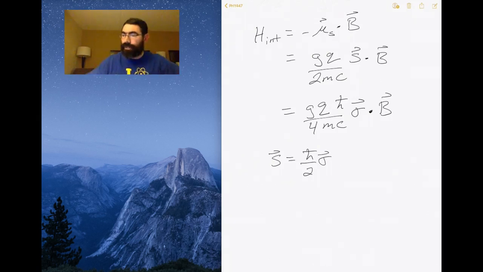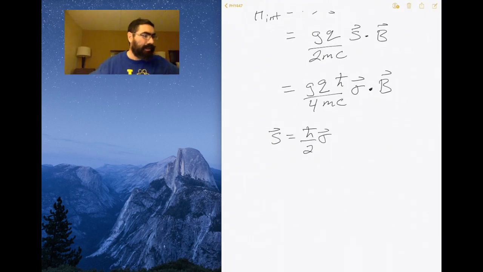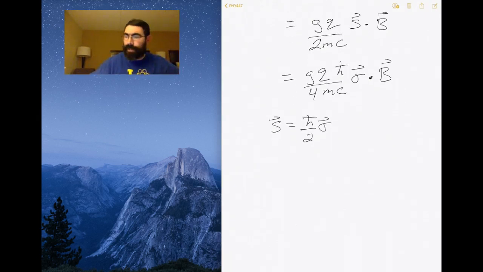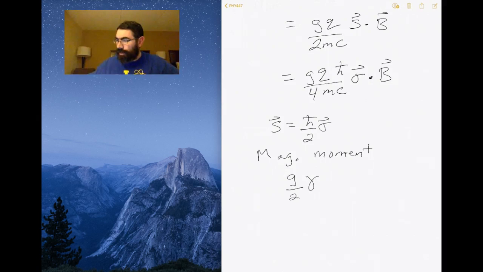So therefore, if we compare things when it comes to spin, then the magnetic moment that we've been calculating is G over 2 times the Bohr magneton.